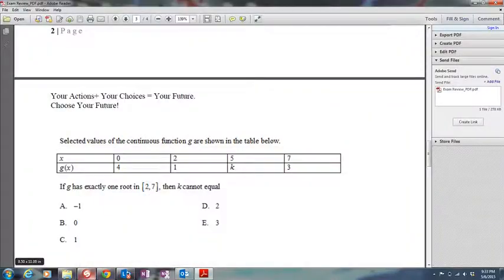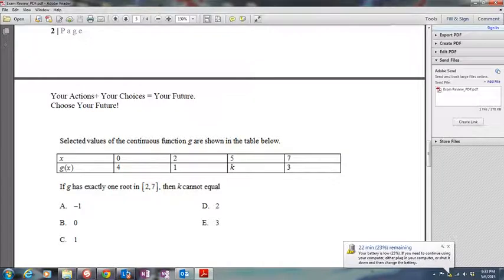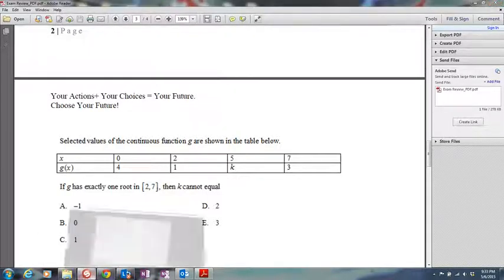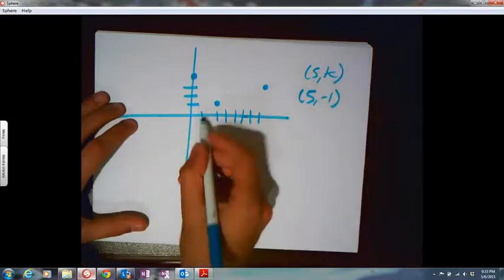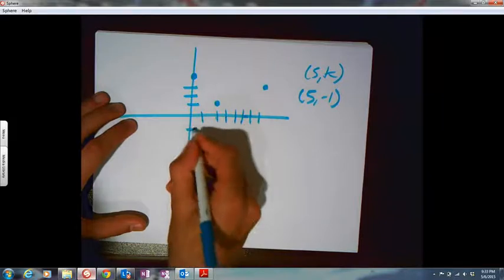And it says if g has exactly one root from 2 to 7, then what can k not be? Well, just plug in here. If k is negative 1, that means I have the point 5, negative 1. 1, 2, 3, 4, 5, negative 1.